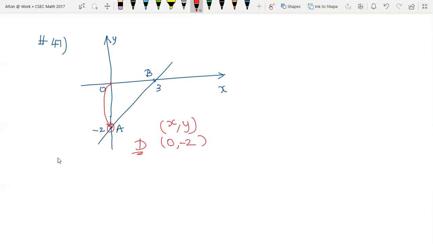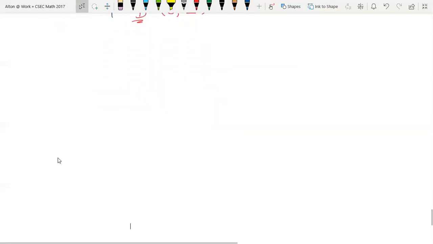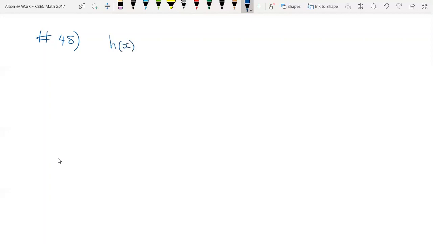Let's proceed to question number 48. Right. Let's take this off. Okay, number 48, you're given a function h of x, and they want you to find what is the value when x is minus 6.